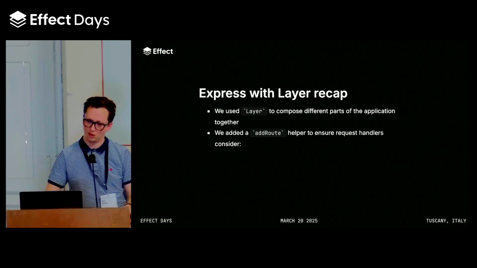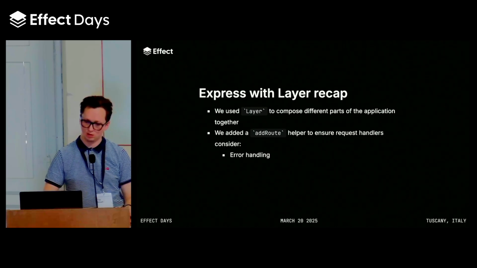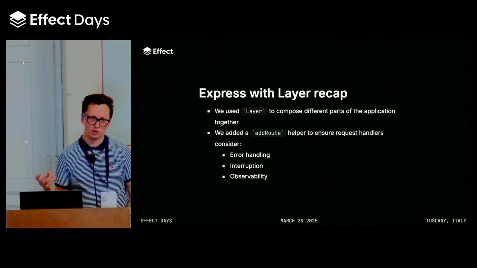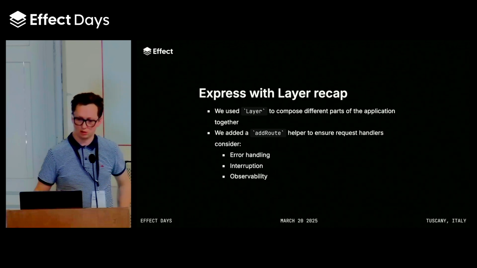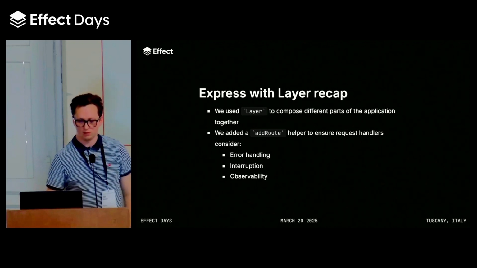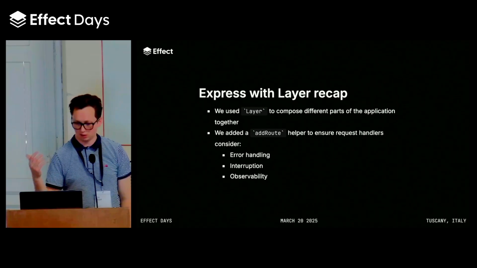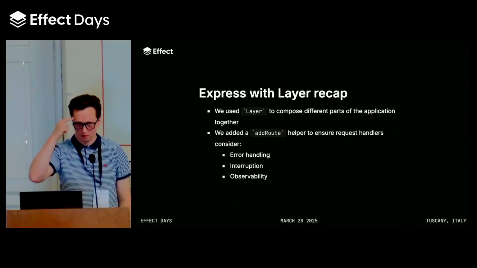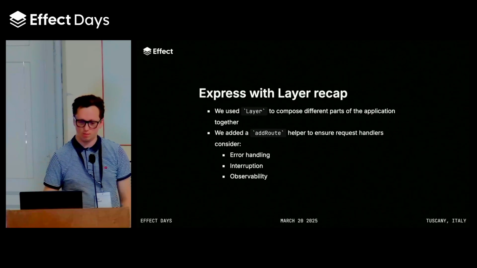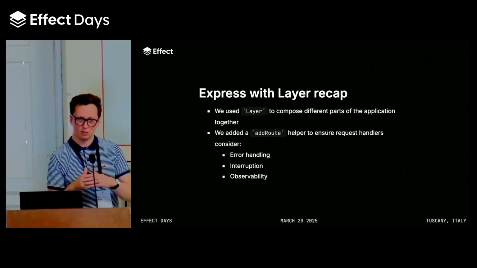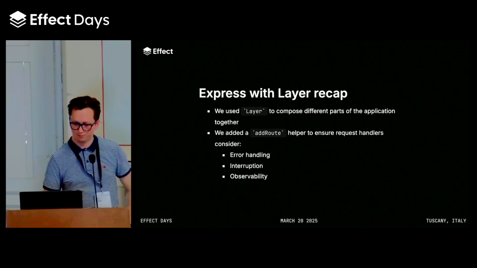And we added the add route helper, which considered all of the different facets you needed to consider when thinking holistically in Effect. So error handling, interruption, and observability. So we added the spans. Whenever a request comes in, we'll then see in Grafana traces for every request.